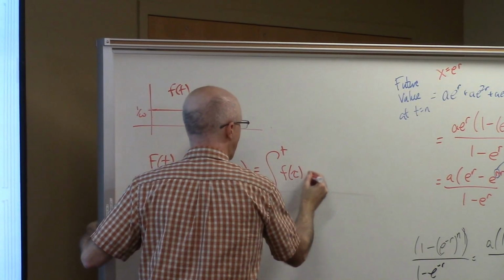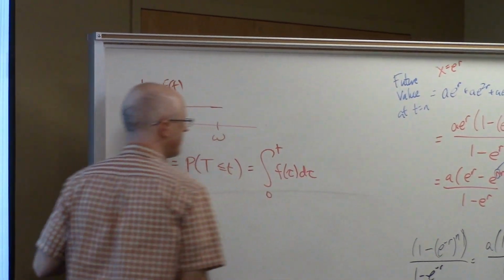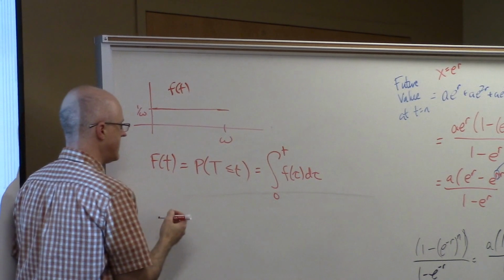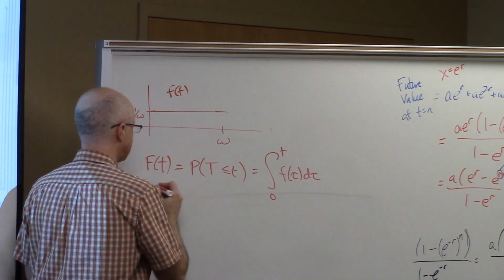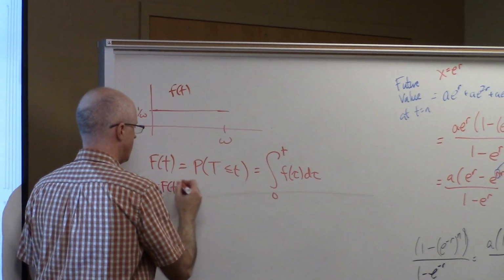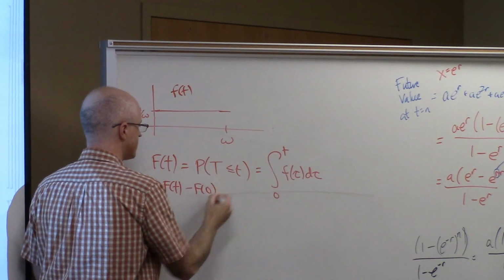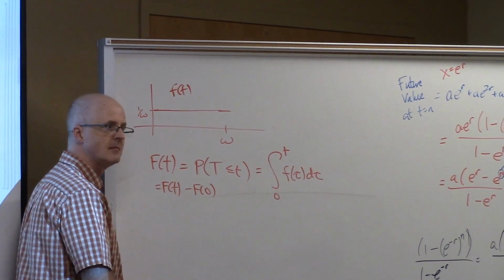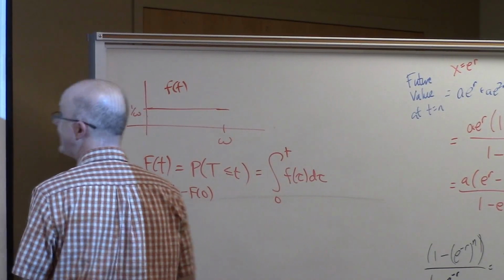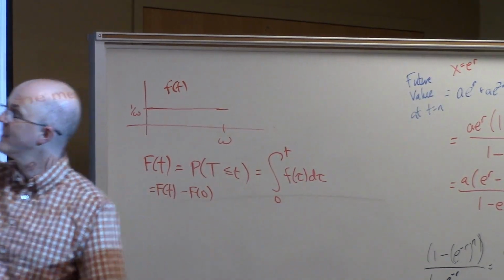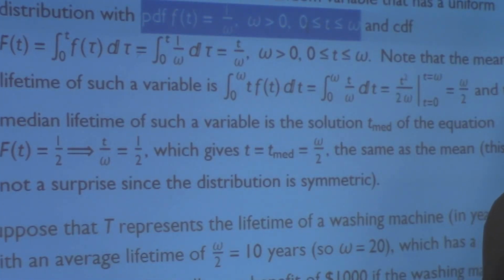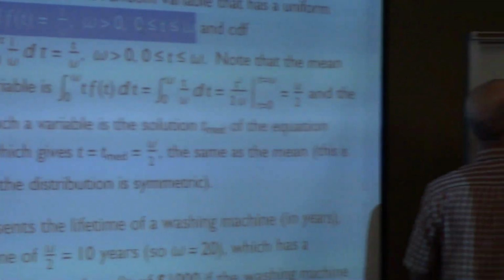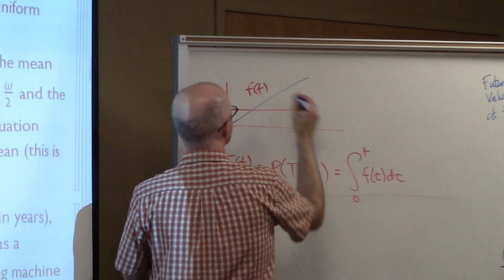That would be what this represents, and it is an antiderivative of the PDF. You can find probabilities by integrating the PDF, and for this probability, which is the same as this one for lifetime random variables, that's the way the integral would go. In this setting, when you integrate this function in this way, the formula for the CDF is t over omega. The graph of the CDF looks like this.